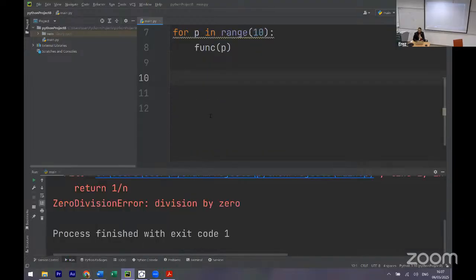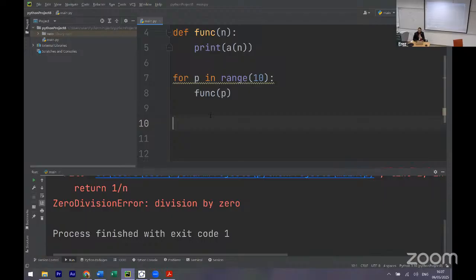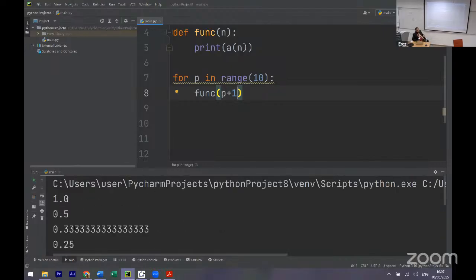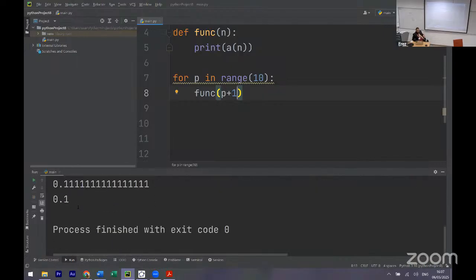Okay, it's p plus 1, because it's zero-count. I forgot for a second. So you get 1, half, third, quarter, and whatnot.